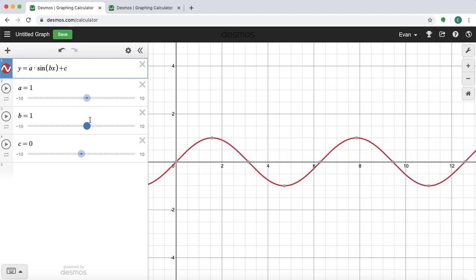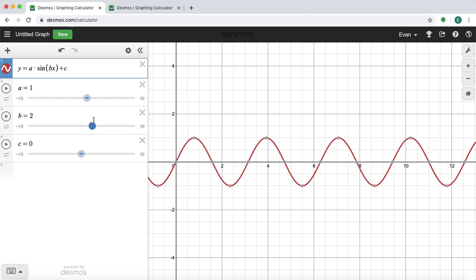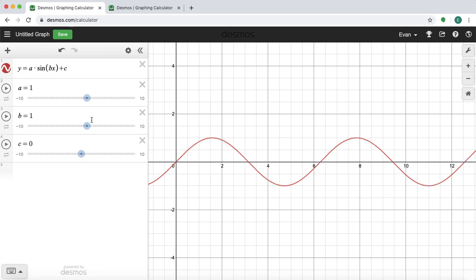So if we start with our typical 1, go to 2. One thing that I want you to notice is when B is equal to 1, our standard version, our period length is 2 pi radians.